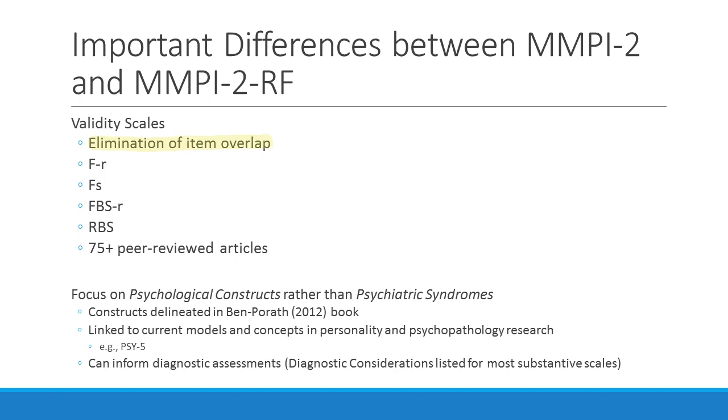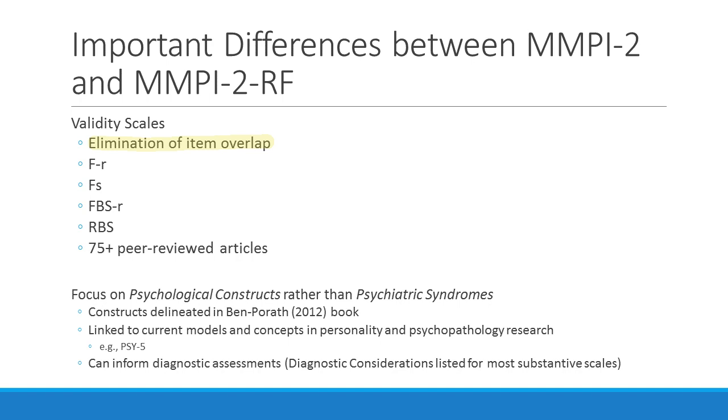The first one is the elimination of item overlap. Unlike the MMPI-2, there's very little item overlap among these validity scales. The only source of overlap is that FBS-r, which we'll talk about in a minute, I think has a couple of items that overlap with other scales.